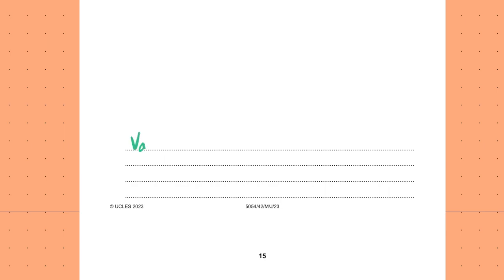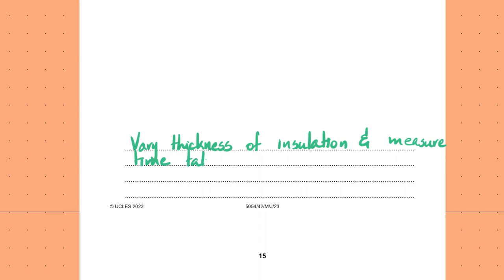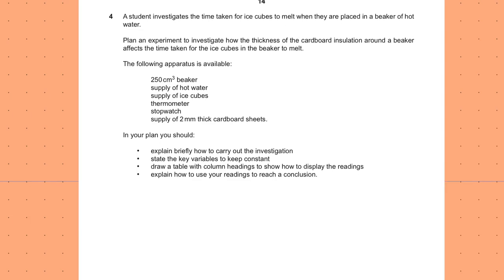So vary thickness of insulation and measure time taken for the ice to melt. And then we can also say that that time is to be taken using a stopwatch, right?